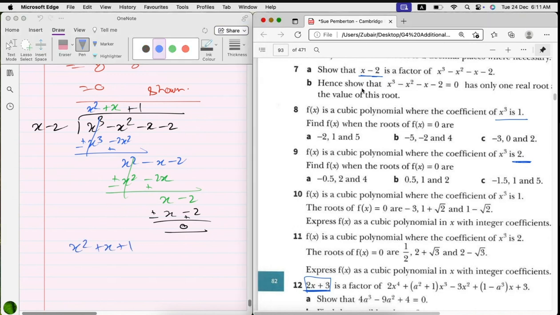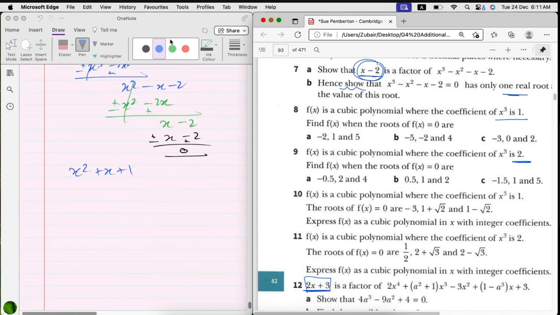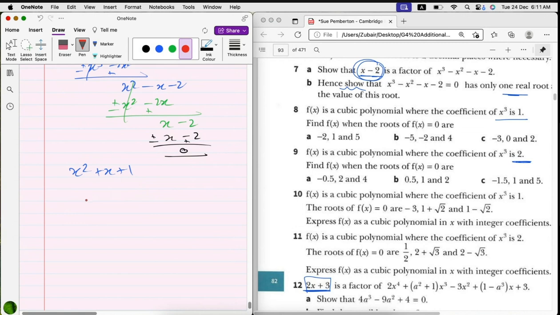Now, to show that it has only one real root, which is obviously x equals 2, we check that it has no other real root. So b square minus 4ac is enough for the check. 1 square minus 4 into 1 into 1 is 1 minus 4 equals minus 3. Where b square minus 4ac is less than 0, there are no real roots.